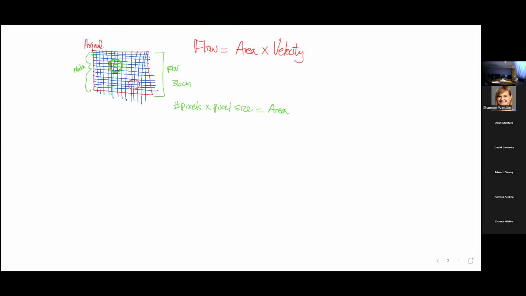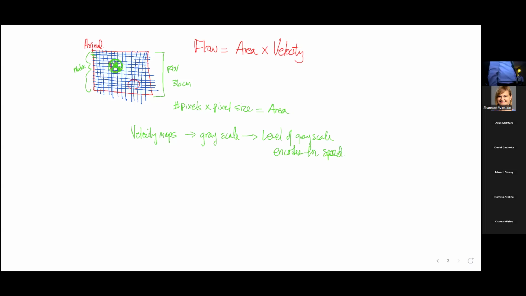The other thing you do, and you'll see when you do these images, you're going to get these velocity maps. And the velocity maps are going to have a grayscale. And the level of the grayscale encodes for speed.